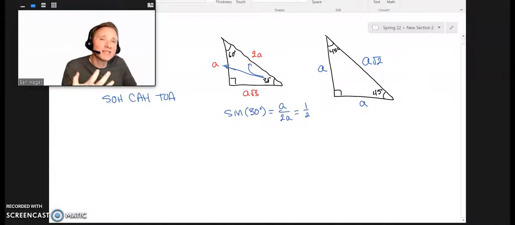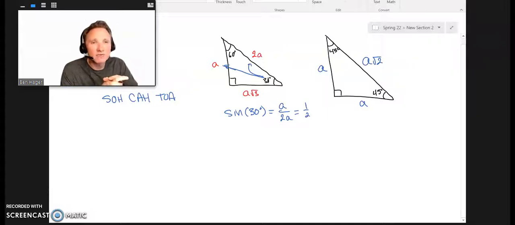And we use these common angles so much that they are worth memorizing. You want to know what sine of 30 and sine of 60 and cosine of 30 and 60 and 45 are. We don't take the time to memorize anything else. Like we would never take the time to memorize sine of 20 or cosine of 50 because those do not correspond to special right triangles like we have here.